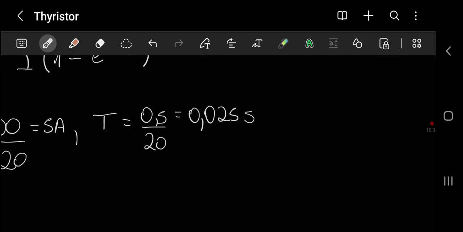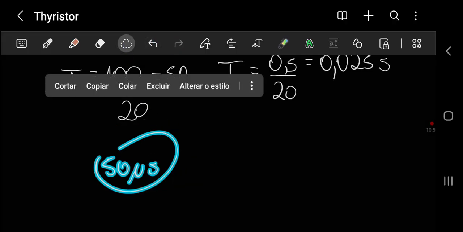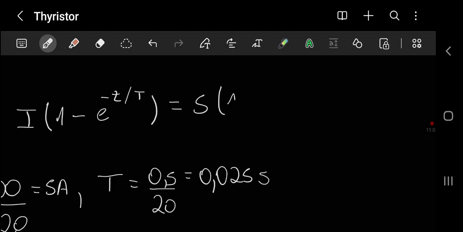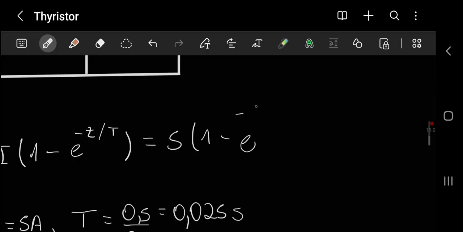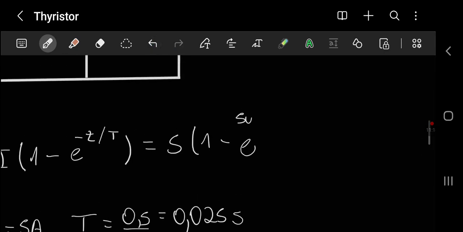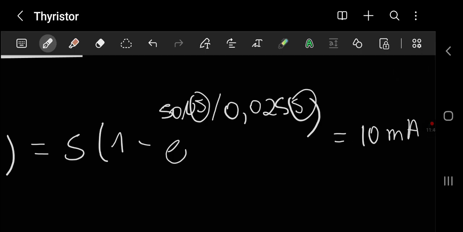And substituting the values after 50 microseconds, just substituting in this formula, 1 minus e to the minus 50 microseconds divided by the time constant, and if we do a conversion in this time base, we're going to have a current of 10 milliamps.